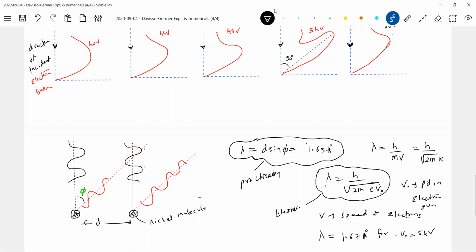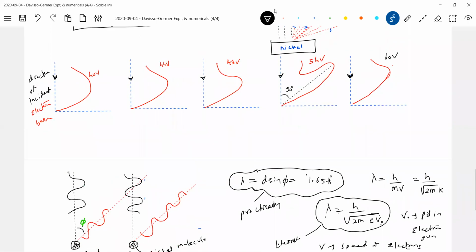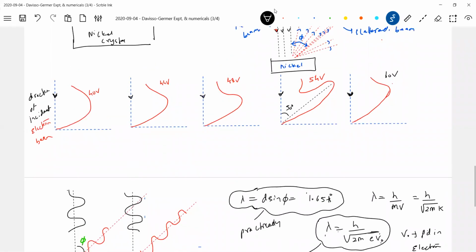So I'm just giving some good diagrams so that you'll understand. This is the incident electron beam. We see that most of the electrons get scattered by an angle of 50 degrees. And here when I keep the galvanometer, it shows maximum deflection. When I move like this, it was showing maximum deflection here.